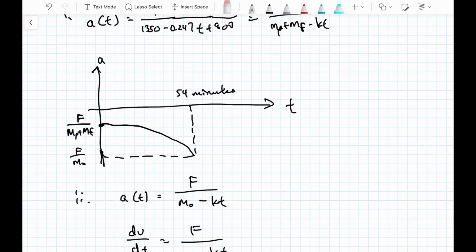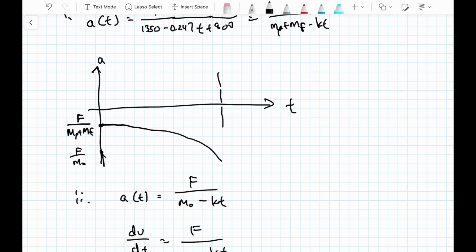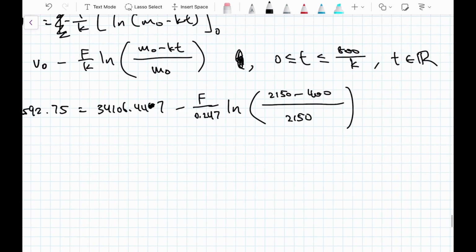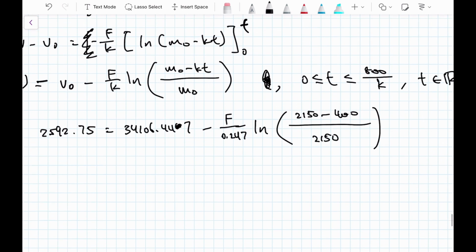So just adjusting this graph slightly, it is increasing over time, and we just stop it over here because it won't get to a constant. That's essentially 27 minutes. And this point over here should be MO plus MP over 2, because half of it is ejected.